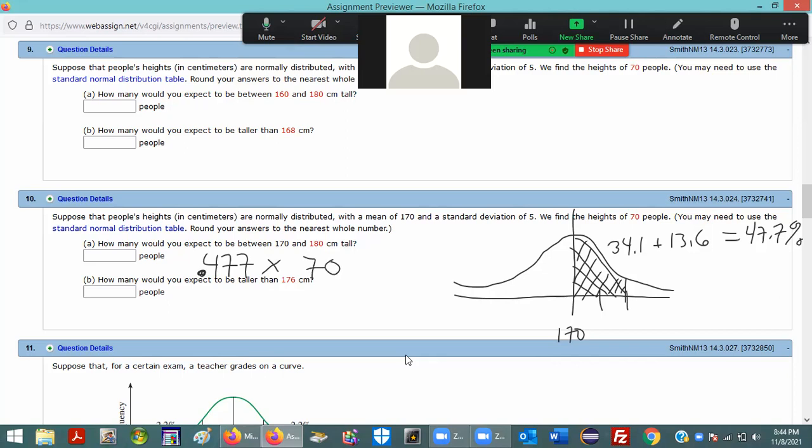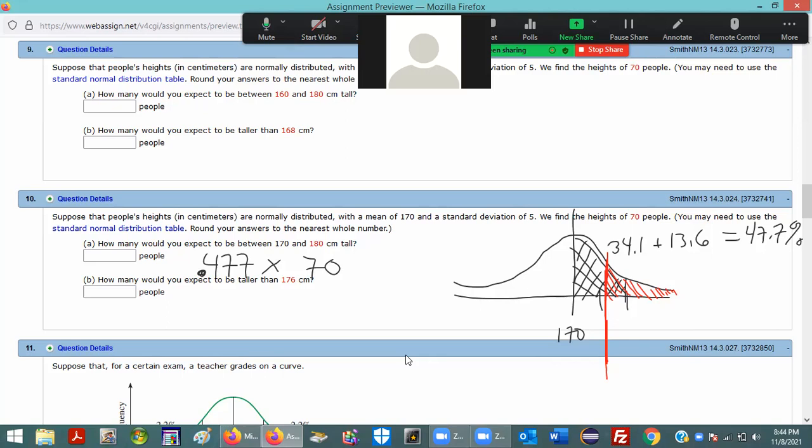And again, for the 176, we would have a value about right here that they're then asking us to find the rest of, right?